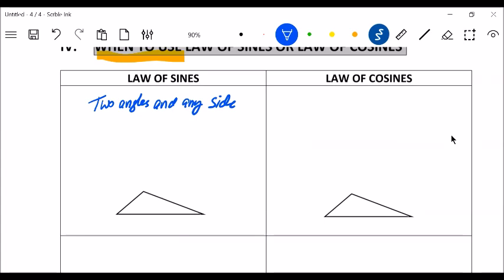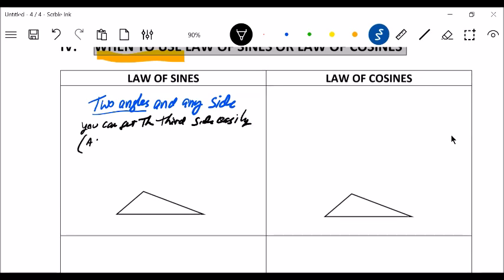The reason you can do it with two angles is because you can get the third angle easily by doing A plus B plus C equals 180. So you can then match a side and its angle, meaning the one that's across from it.